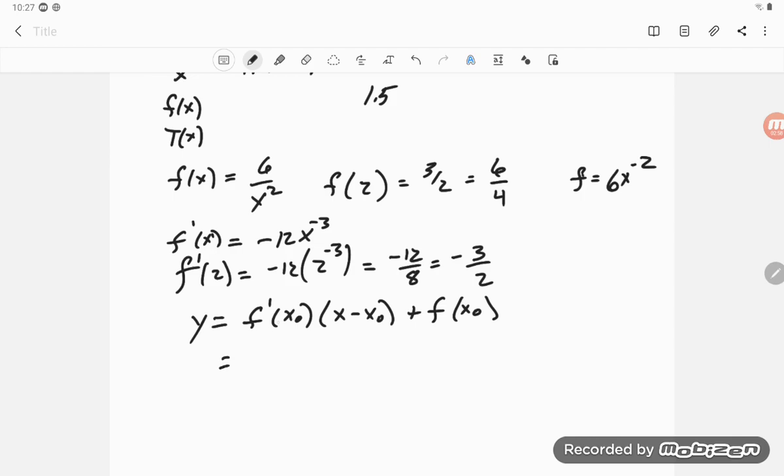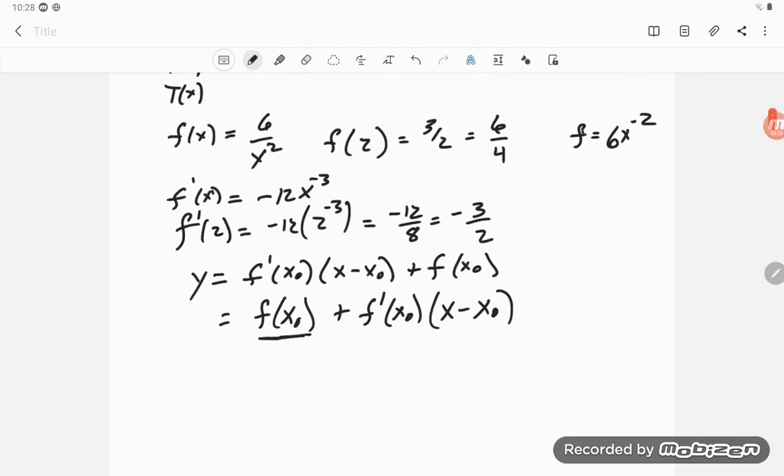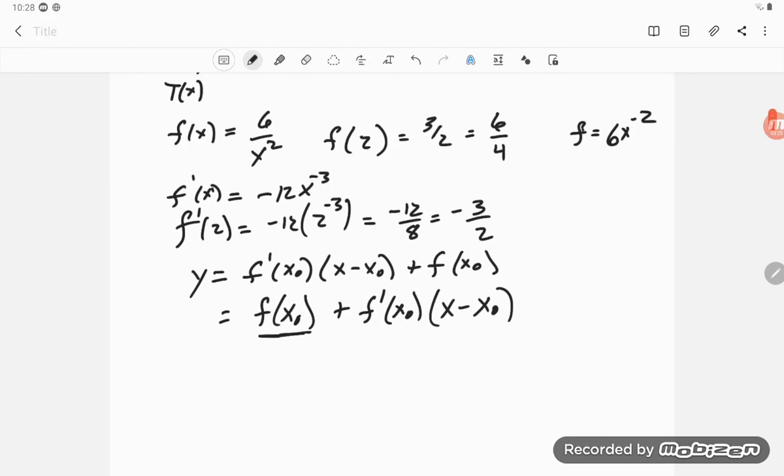Or, in some ways, even better, you could write it this way. It's just not the way we're used to seeing straight lines written. But what we see here is that we're at x0, and we're using the function value and all that.